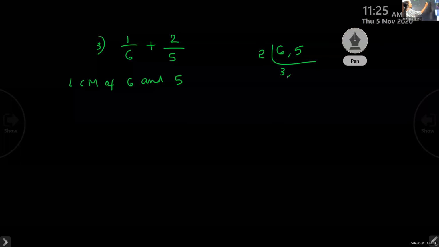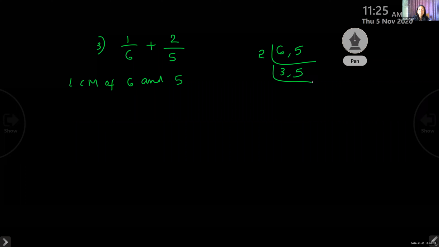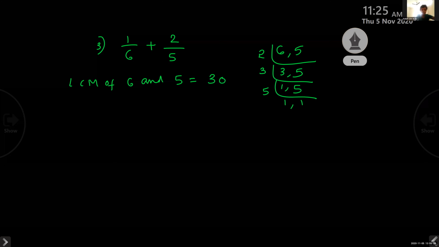So 3, 1 and 5, then 1 and 1. So the LCM of 6 and 5 is 30. 2 into 3 into 5 is equal to 30.